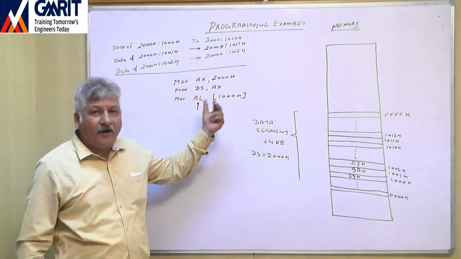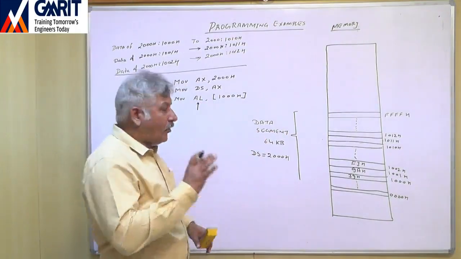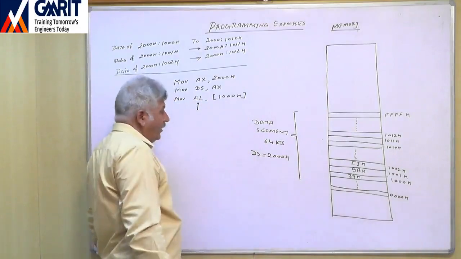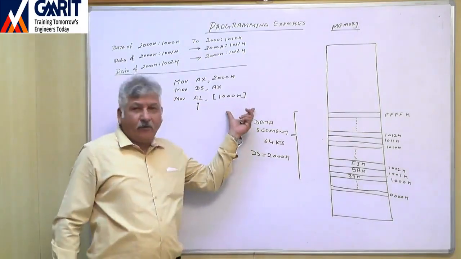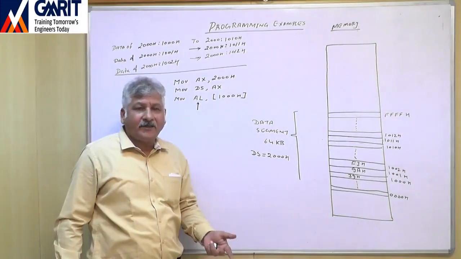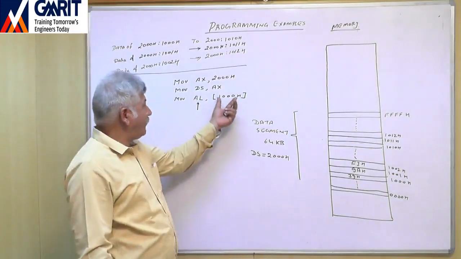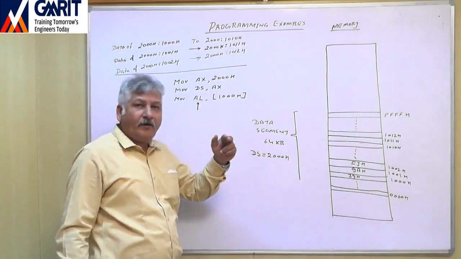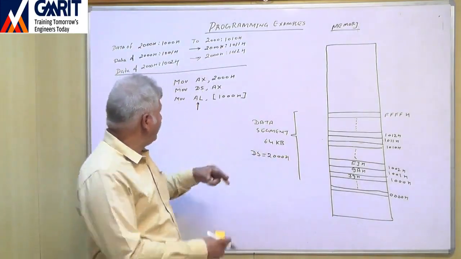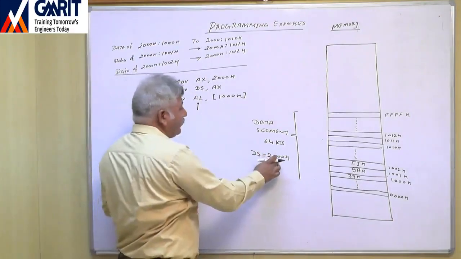Now from where will the data be transferred? The offset address of our data is 1000H, and in case of direct addressing mode, the default segment is the data segment. So this offset address belongs to our data segment, which means in the data segment register we have already stored 2000H.